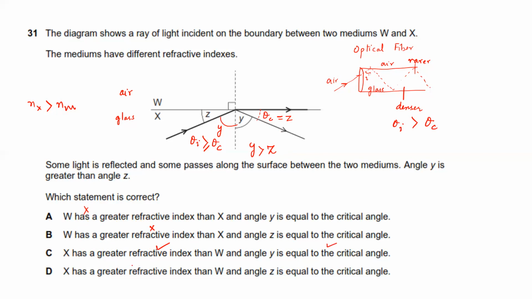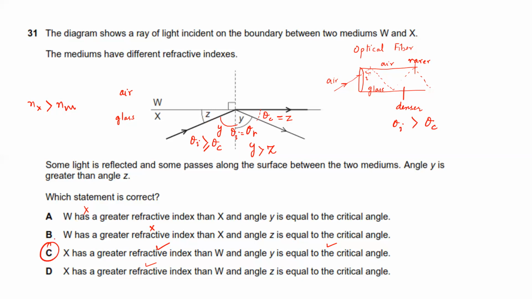Angle Z is equal to the critical angle? No. Angle Z is not the angle of incidence. And why Y is the angle of incidence? Because of the law of reflection, the angle of incidence equals the angle of reflection. So answer C is the best choice in this case.